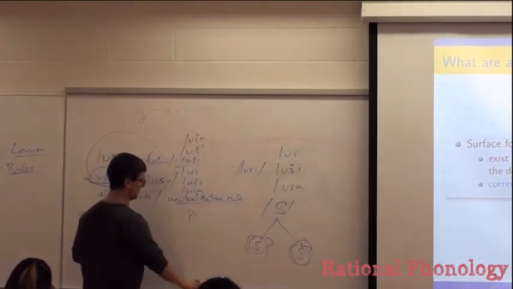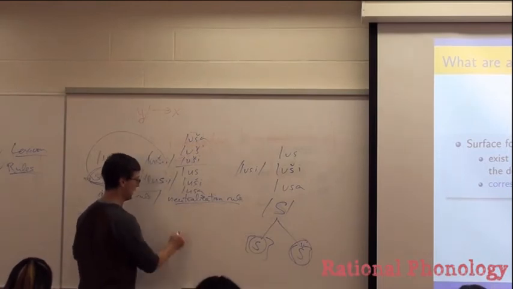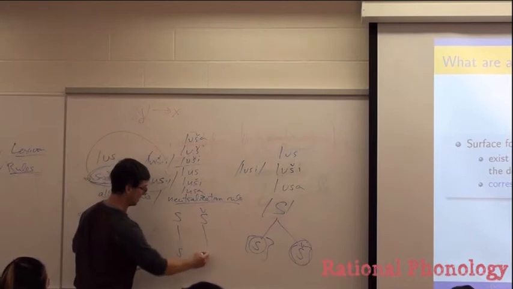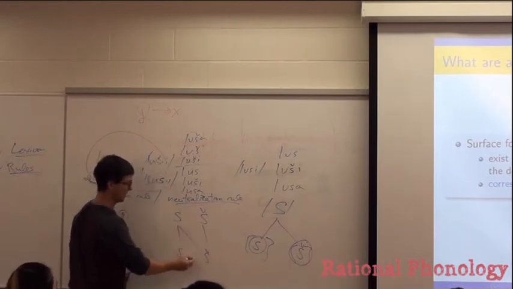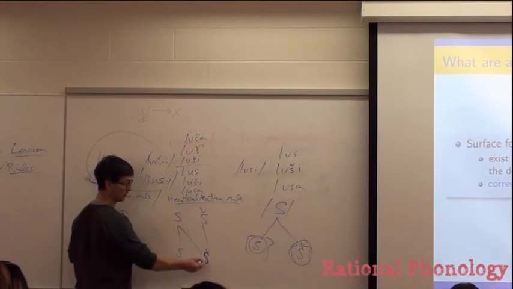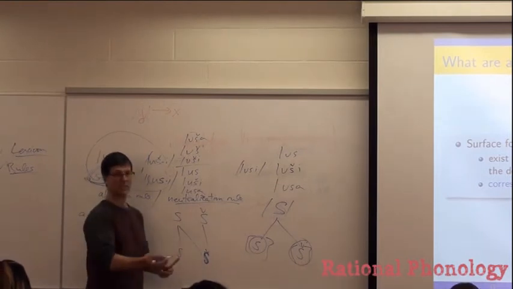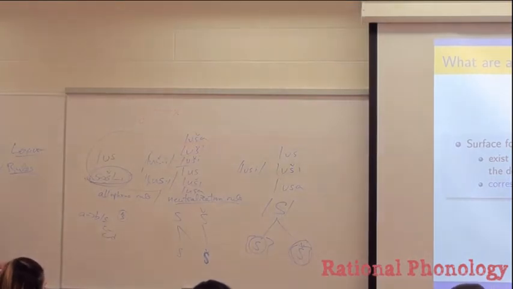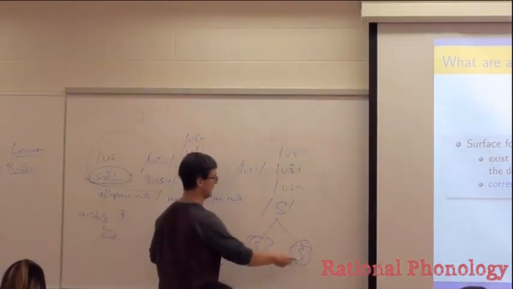But in the neutralization case, where you have S and sh, S and sh, sh is not an allophone of S. Sh can sometimes come from S. It can be a surface form that corresponds to S, but it's not called an allophone. Some people call it one, some people don't, but traditionally, it's not called an allophone.